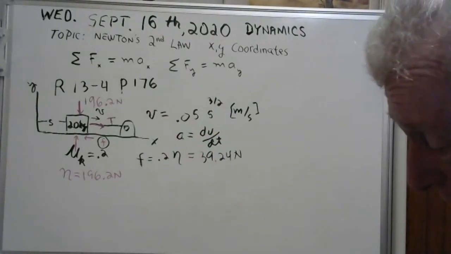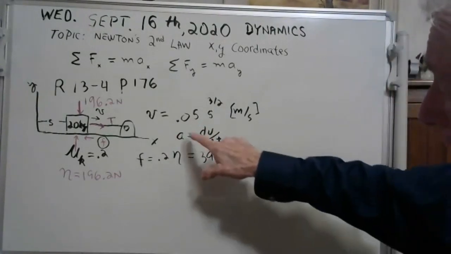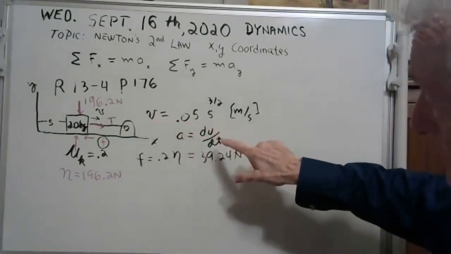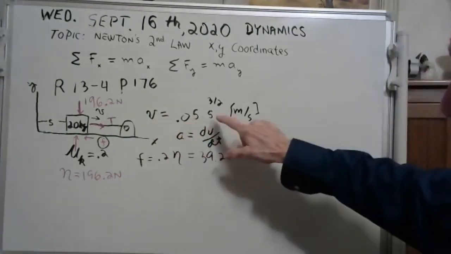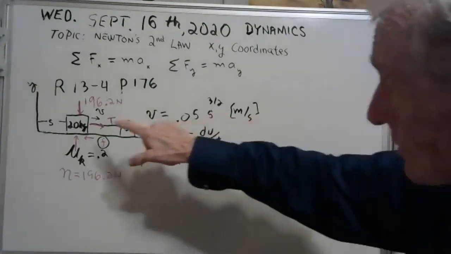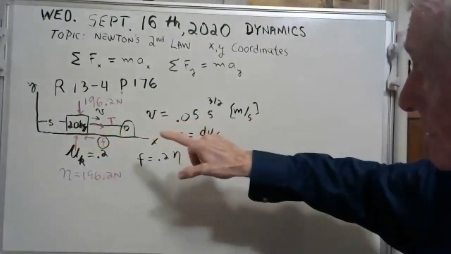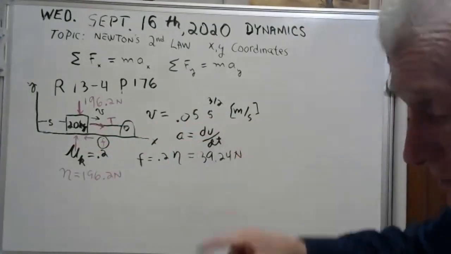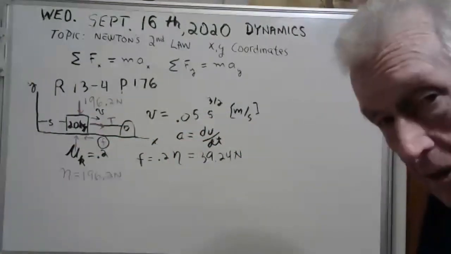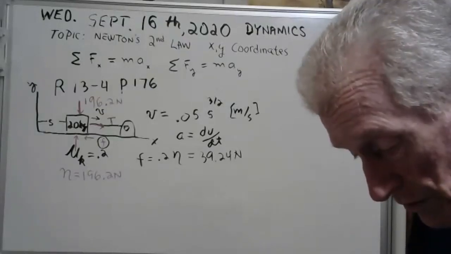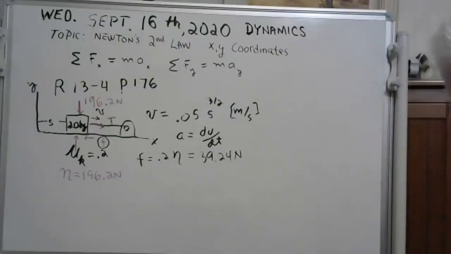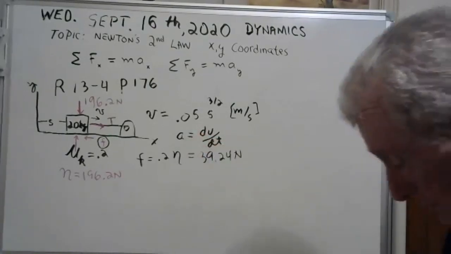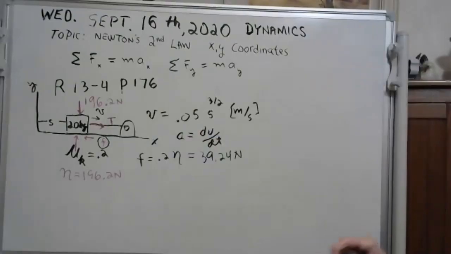I'll give you a minute and a half if you need it. I want you to take the derivative of the velocity with respect to time, not s. S is a distance. So acceleration is derivative with respect to time. Now go ahead and do that. And then we'll share what we came up with. Go for it. I'll be quiet. Find the acceleration. That's what we're doing right now. Go.